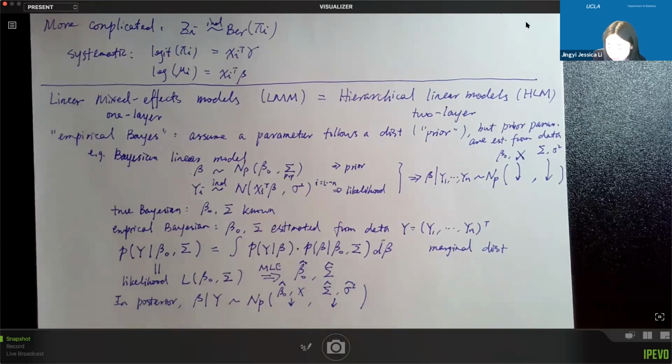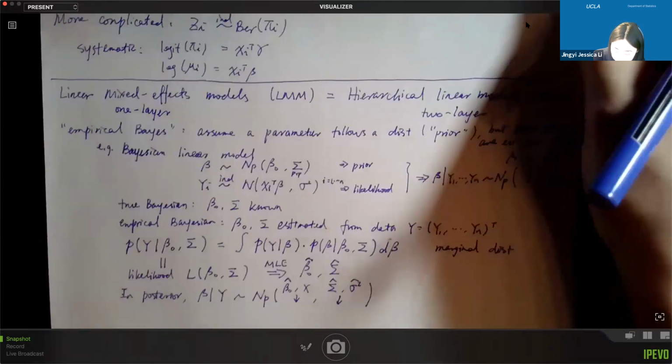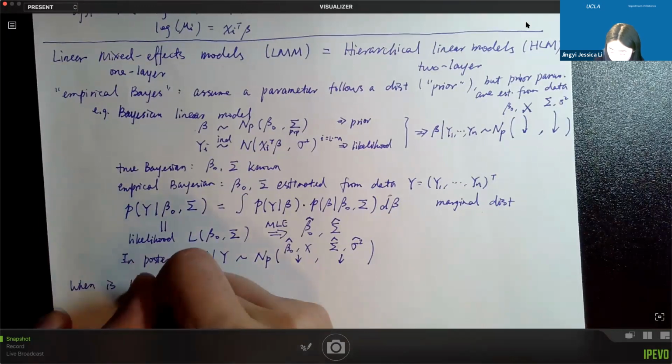And you can see that this is a very important thing to do. When is it useful? When should we consider empirical Bayes? When is EB useful?